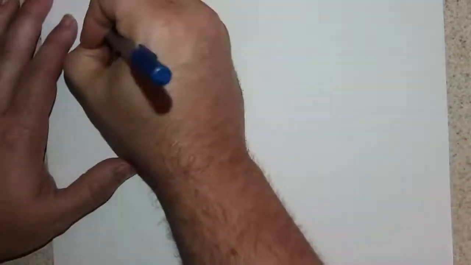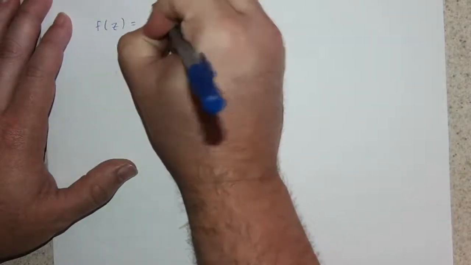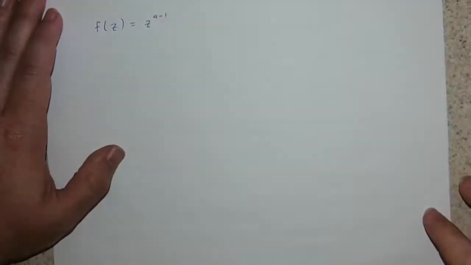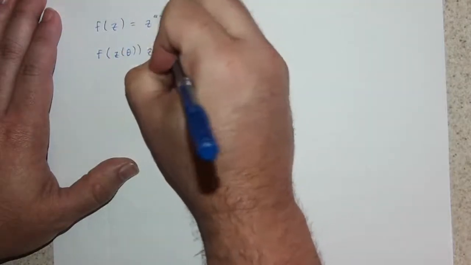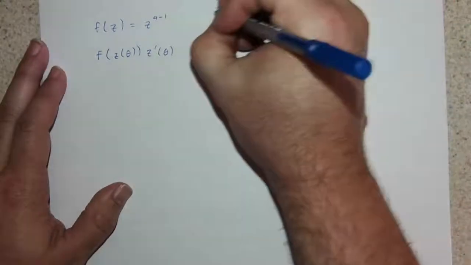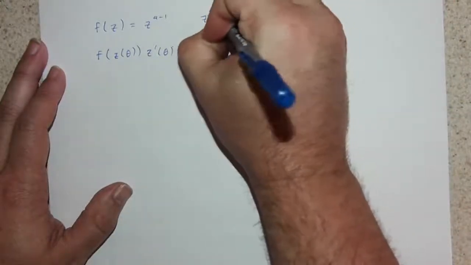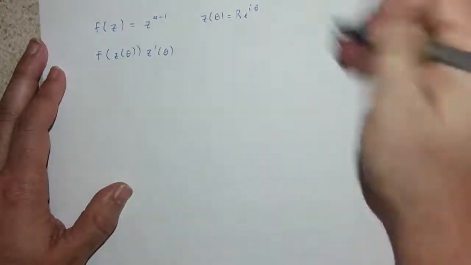And so f of z is z to the a minus 1. So then I want to compute f of z of theta times z prime of theta. Since on the previous page I wrote out that z of theta is r e to the i theta, the question is what's z prime of theta?